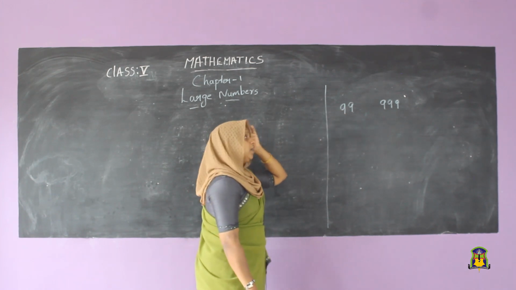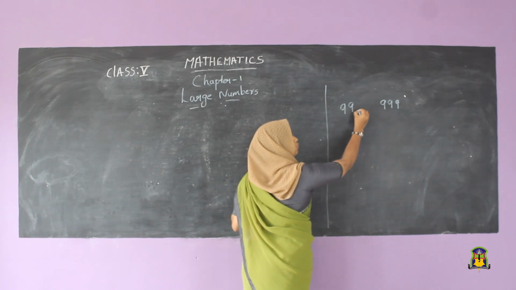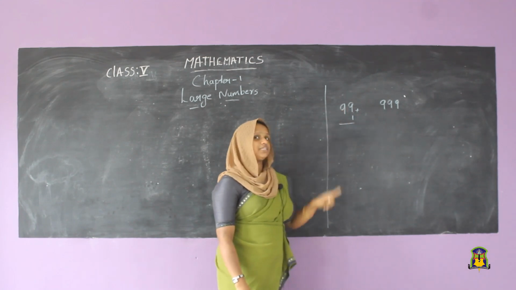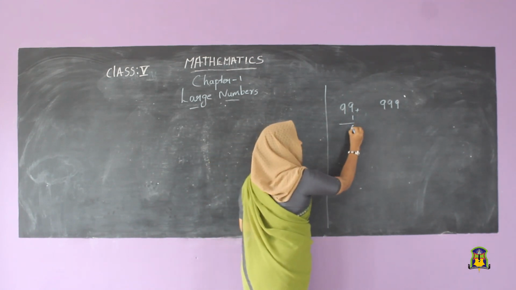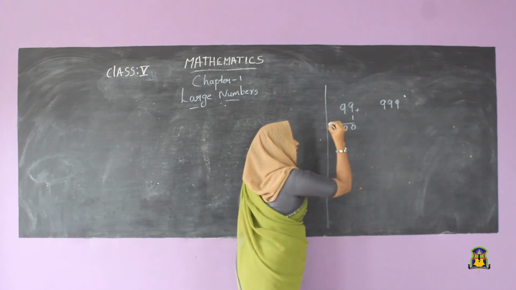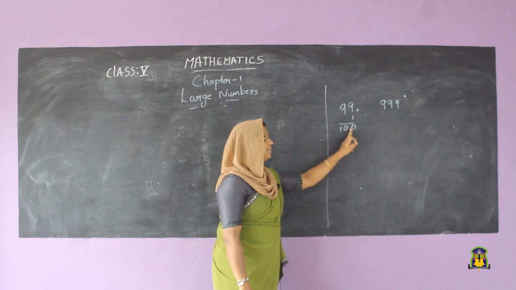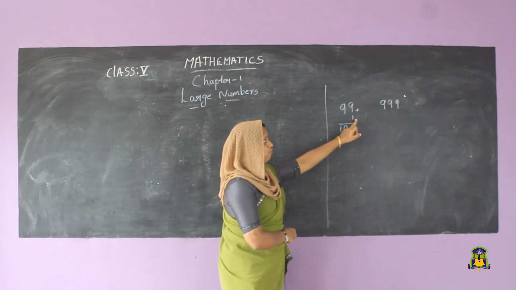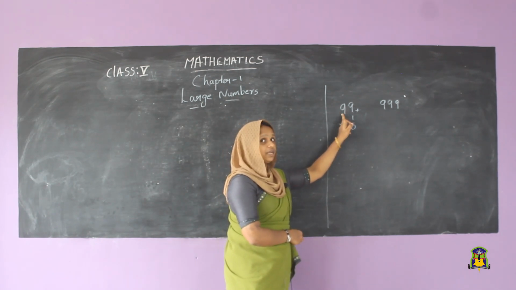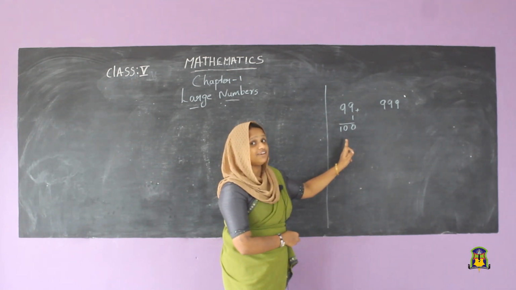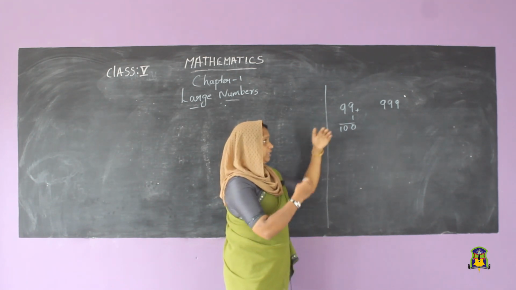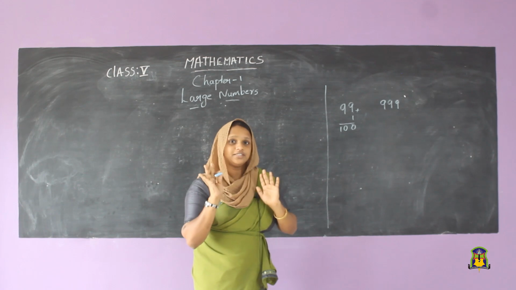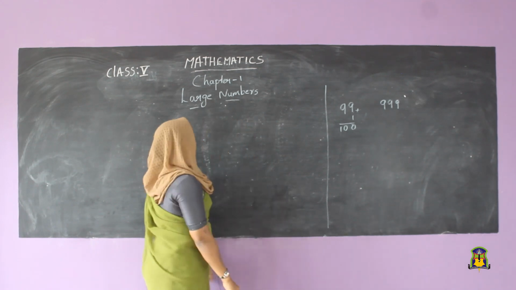Now suppose if we add 1 to the largest 2-digit number, we get the smallest 3-digit number. So if we add 1 to the greatest 2-digit number, we get the smallest 3-digit number. The greatest number includes 9, and the smallest includes 0. Okay students?